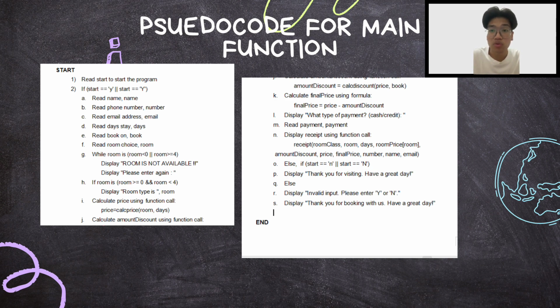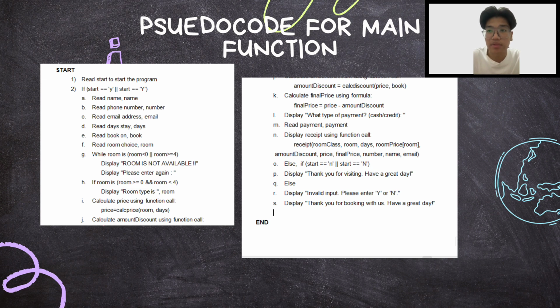And if room is greater than or equal to 0 and room is less than 4, then it will display room type, which the customer has to enter, and then calculate price using a function: price equals calculate price, which is room multiplied by days. Then we calculate amount discount using a function: amount discount equals calculate discount, price, comma, book.